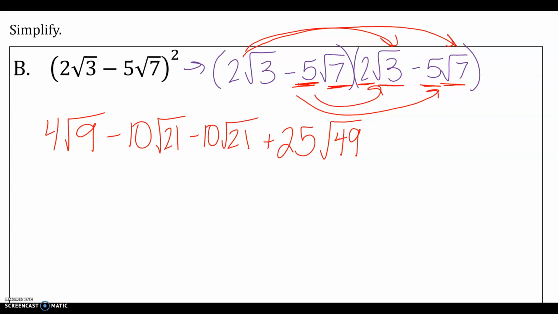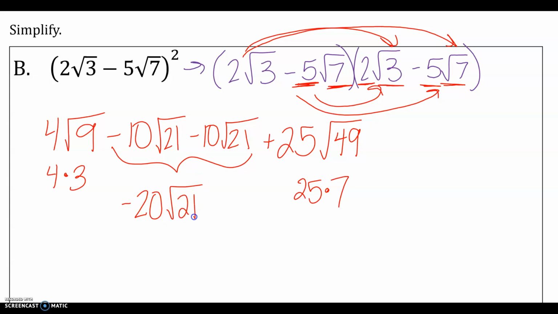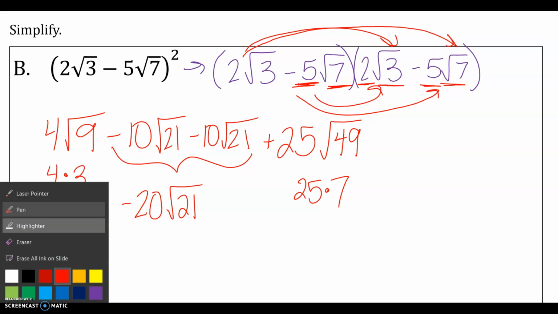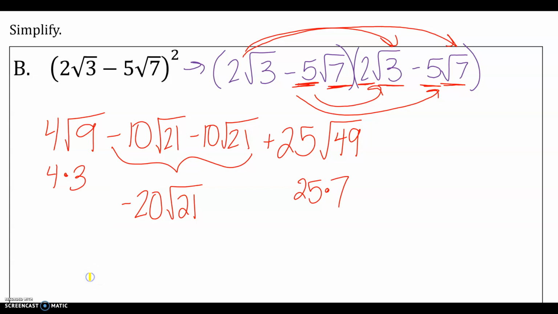All right, so let's see here. This is going to be 4 times 3. This would be 25 times 7. These we can combine, and that would make negative 20 radical 21. And again, the reason for that is because of the same radicand.